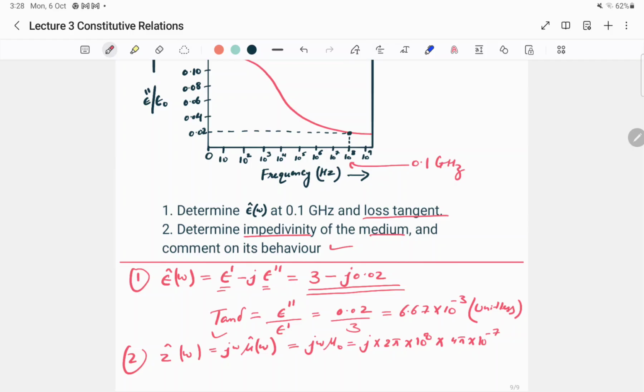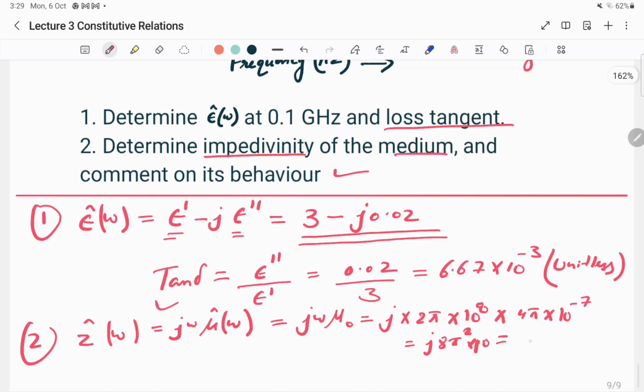If you solve it, you will get j 80 pi squared.